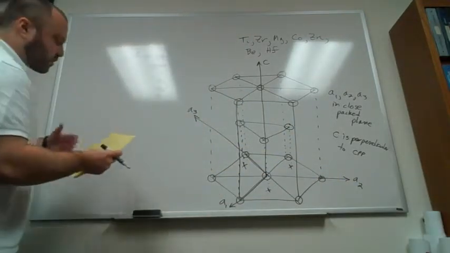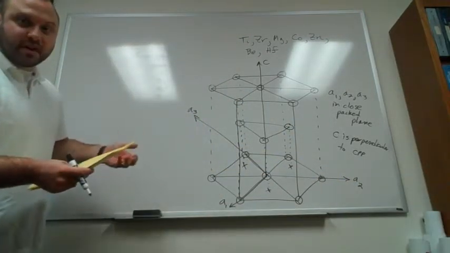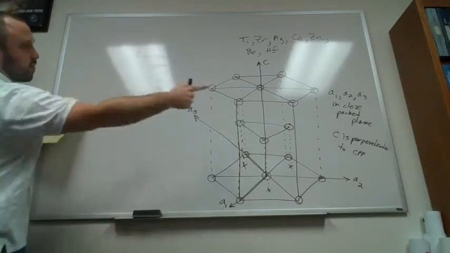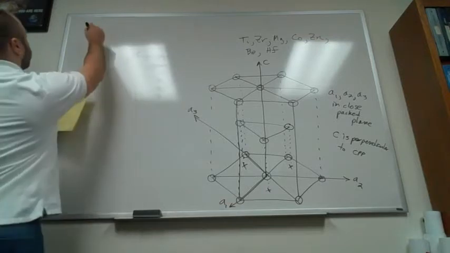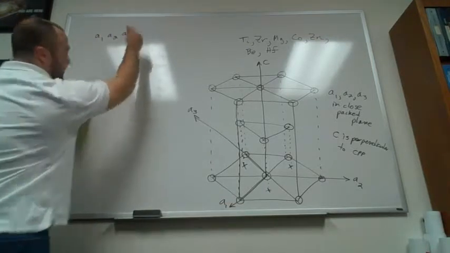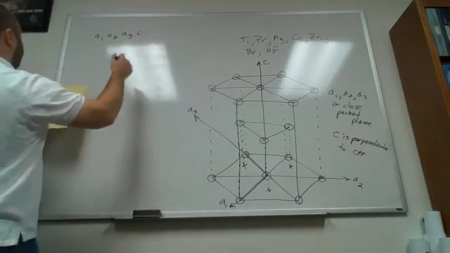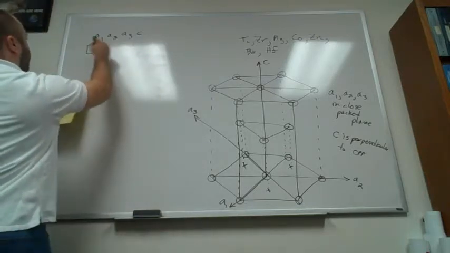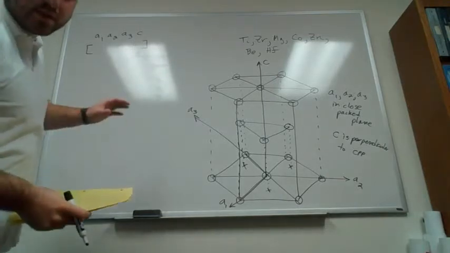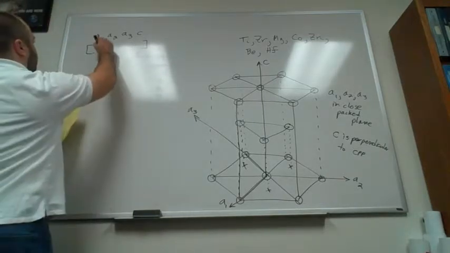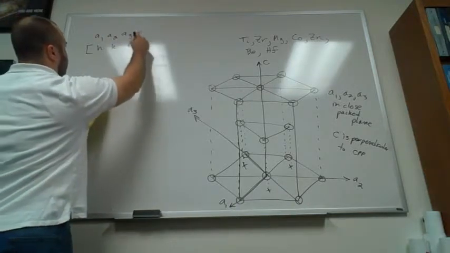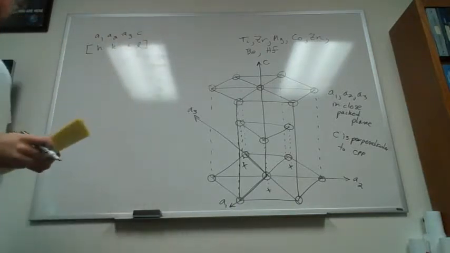So we're going to describe directions and planes using a similar type of notation, but now we have 4 different axes we're using. We have A1, A2, A3, and C. And we're going to define specific directions with these square brackets. And we'll say, what's the H, what's the K, what's the I, and what's the L that describes that.